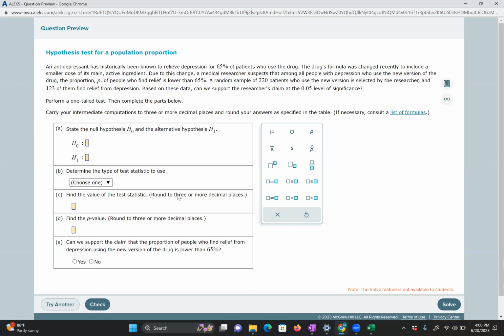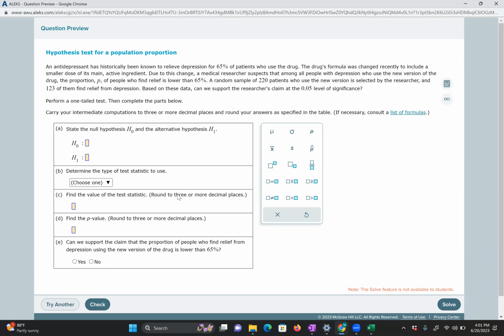A random sample of 220 patients who used the new version is selected by a researcher and found that 123 found relief from depression. Based on the data, can we support the researcher's claim at the 0.05 level of significance? Obviously, we're also doing a one-tailed test.